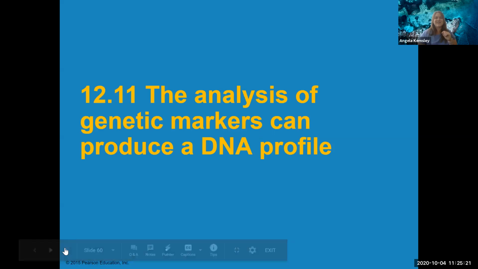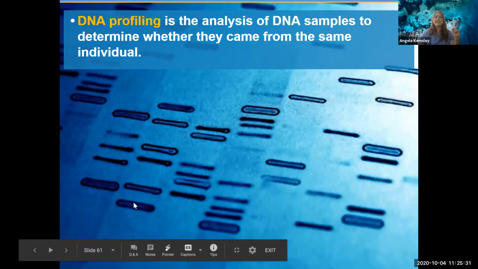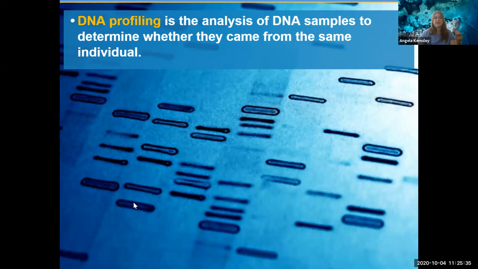The analysis of genetic markers can produce what's called a DNA profile, which is kind of like an identification card for someone based on their DNA. DNA profiling is the analysis of DNA samples to determine whether they came from the same individual.